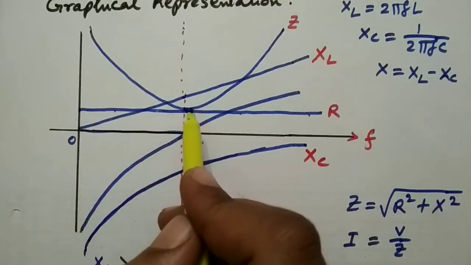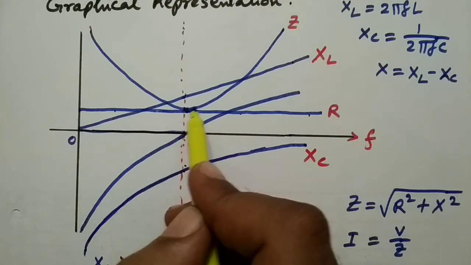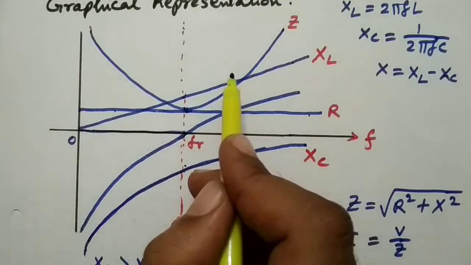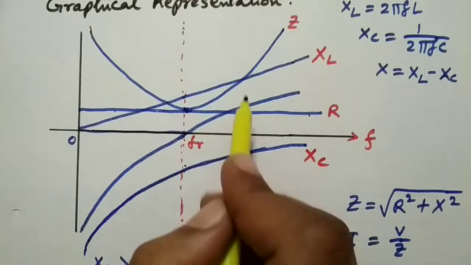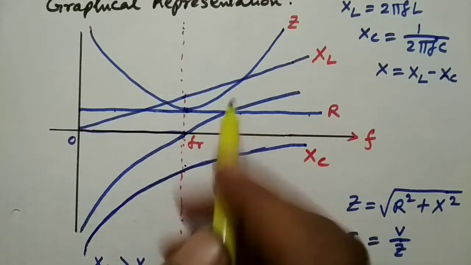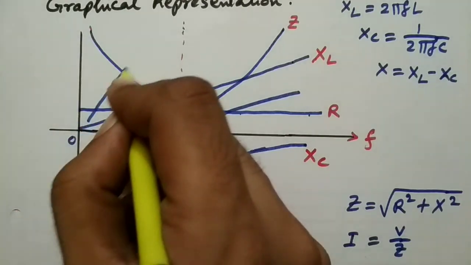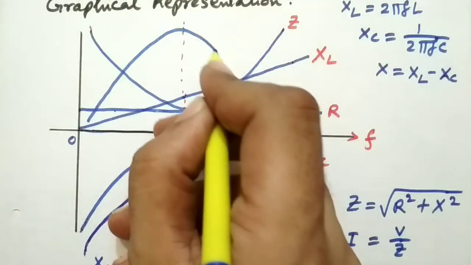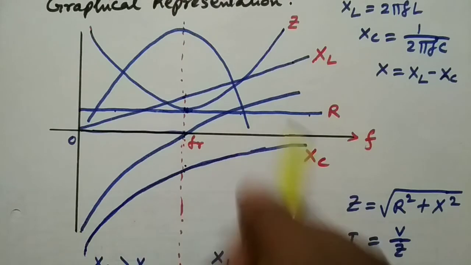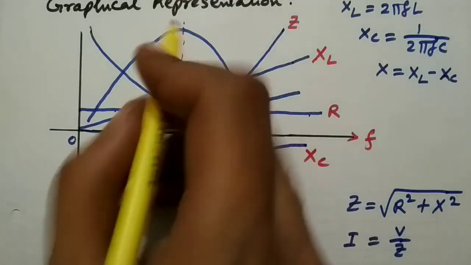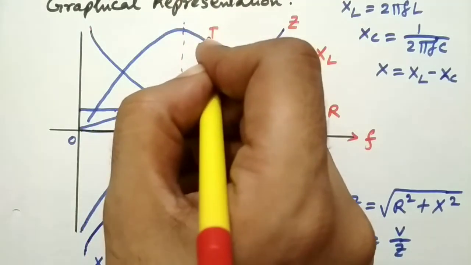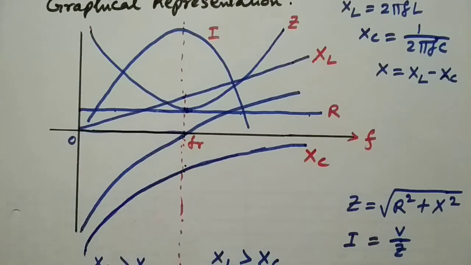After the resonant frequency, impedance further increases. So, the current will be again in the decreasing order. So, the nature of the current will be like this. So, this is the characteristics of the current with respect to the frequency.